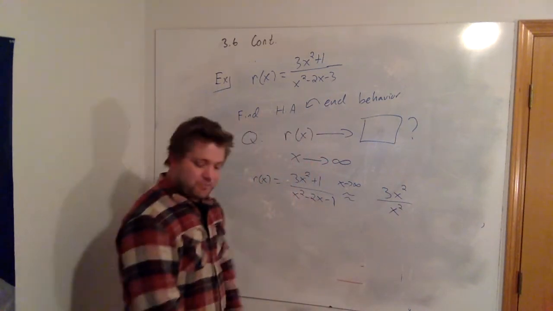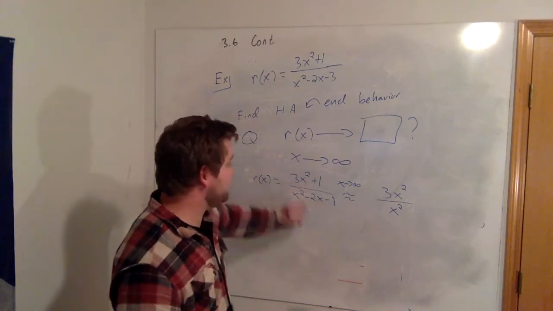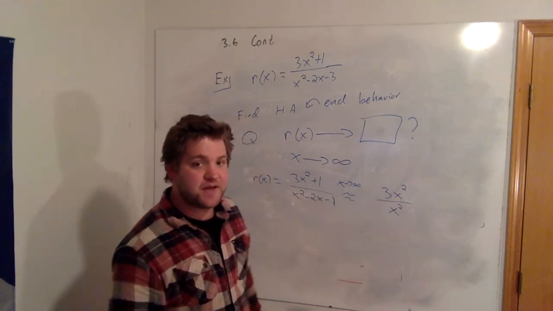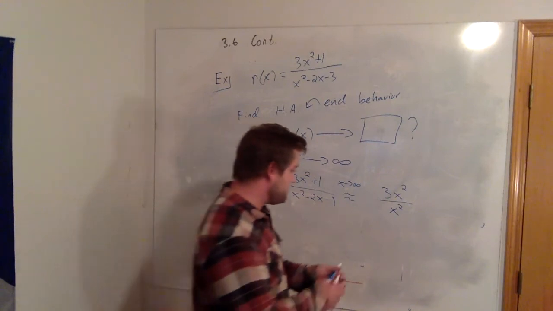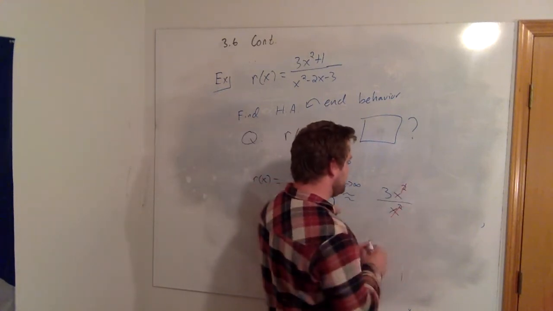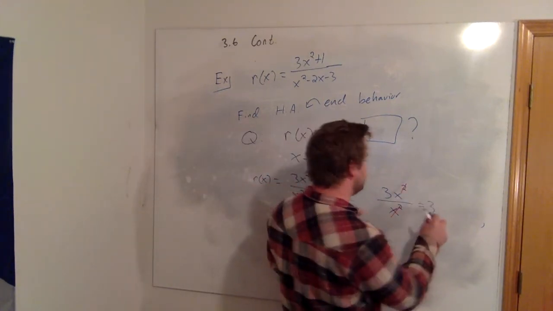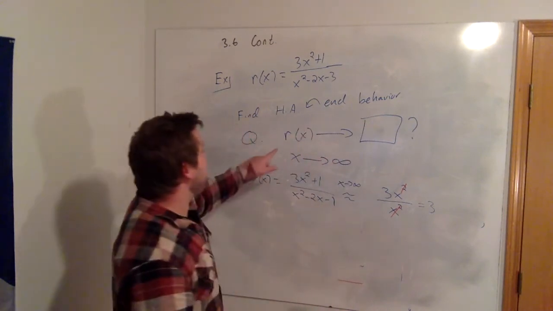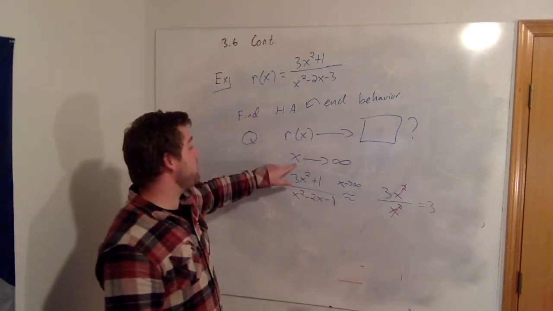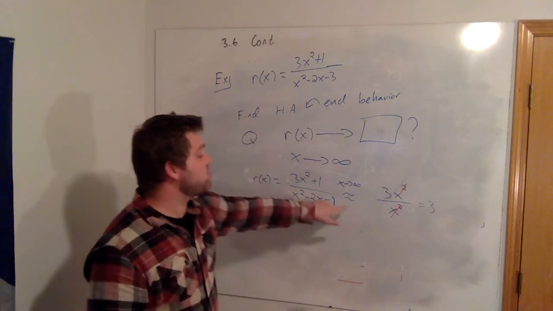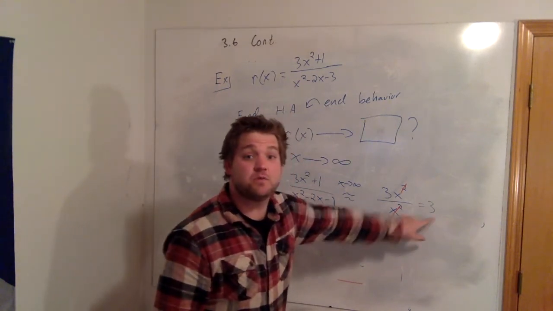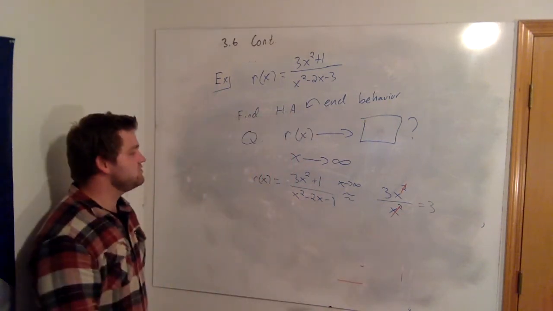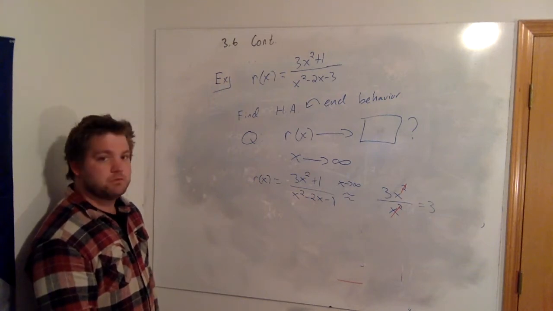So what's going to happen as x is getting really big? This function is approximately going to look like 3x squared over x squared. These x squareds cancel. So actually what we find here is that as x is getting really large, the outputs of this function are getting arbitrarily close to 3. Beautiful.